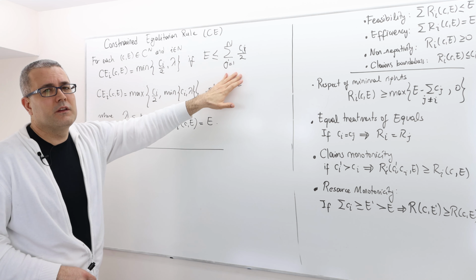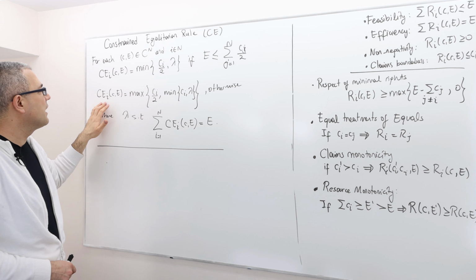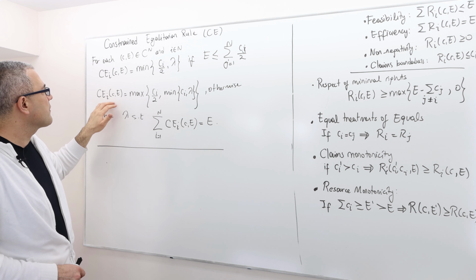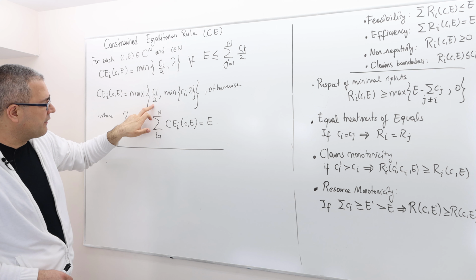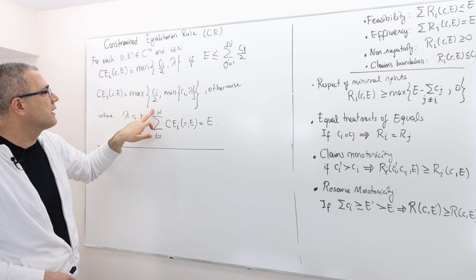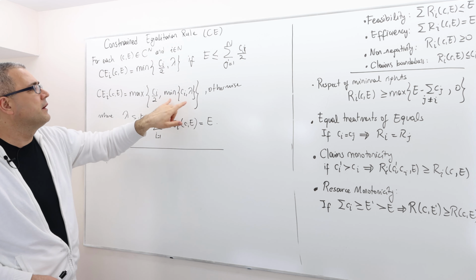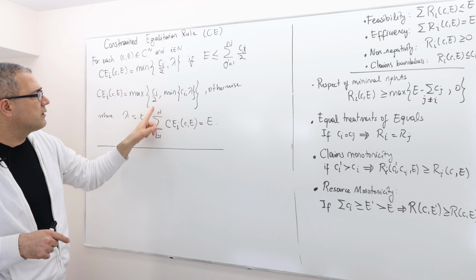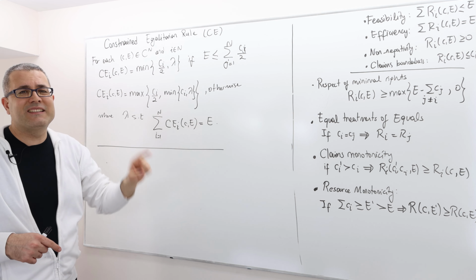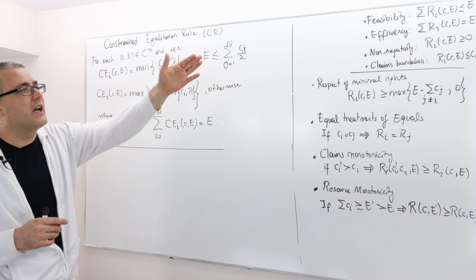However, if the surplus is greater than the sum of half the claims, well then each player i's reward is equal to the max of half the claim, or the minimum of his claim and lambda, the same lambda, where lambda is calculated so that when we sum up all the players' awards, we get exactly E. So the outcome or the reward is efficient.